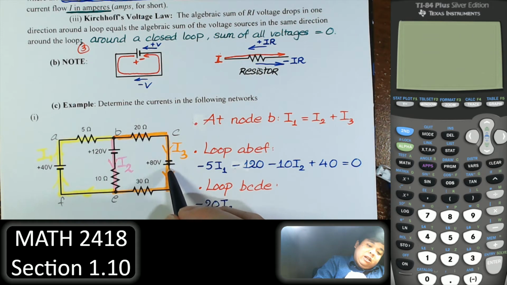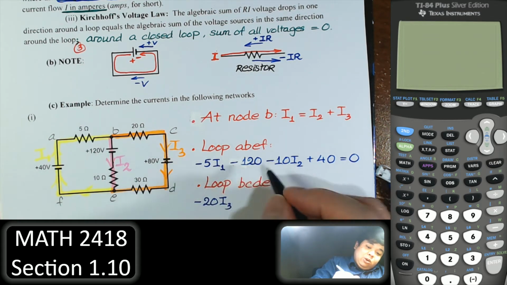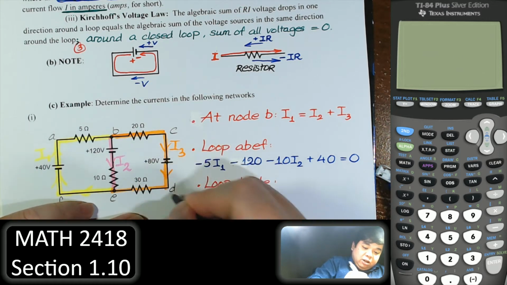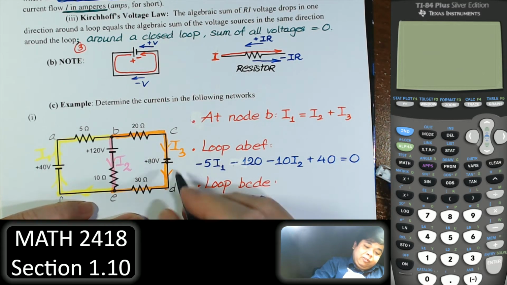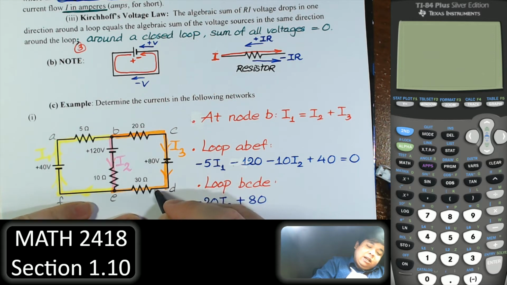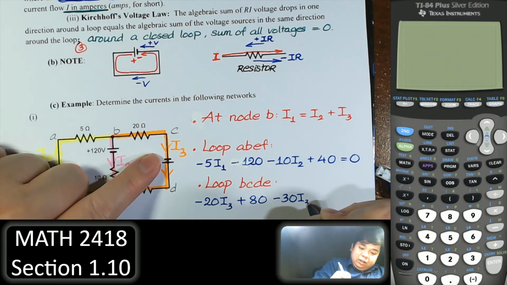So we go the same direction as the battery, plus 80. And then here, going with the direction of the current, we hit the resistor, minus 30 I3.